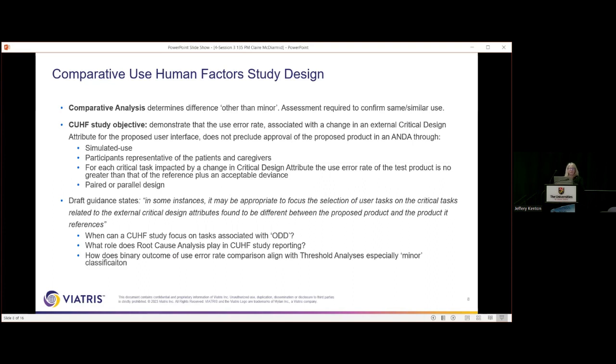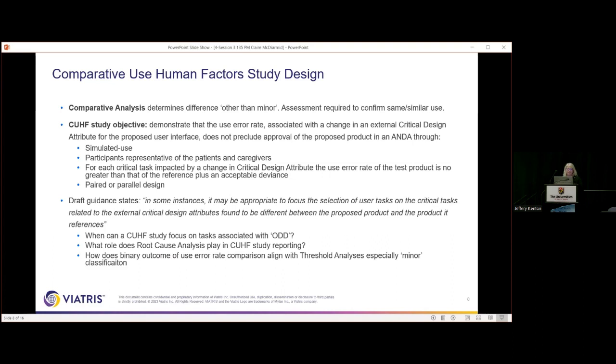We know there is a guidance on the use of comparative use human factors studies, the objective of which is to demonstrate that the use error rate associated with that change will not impact the risk profile of the product, and that we can test that through simulated use using participants representative of patients and caregivers.